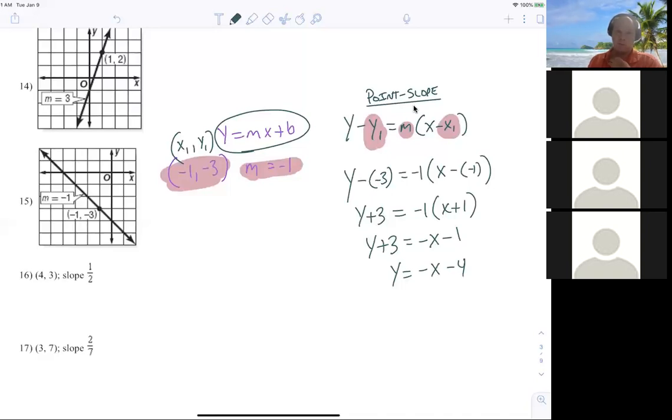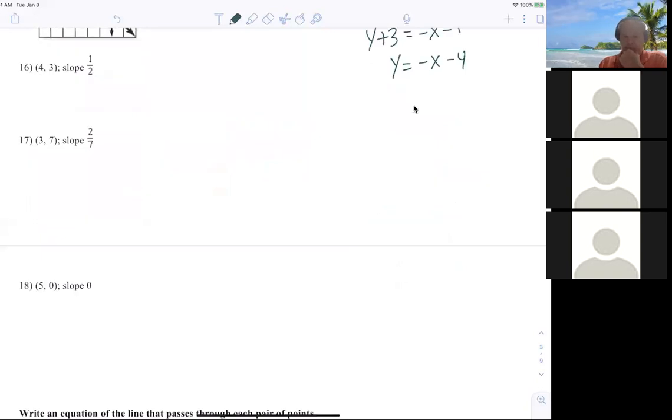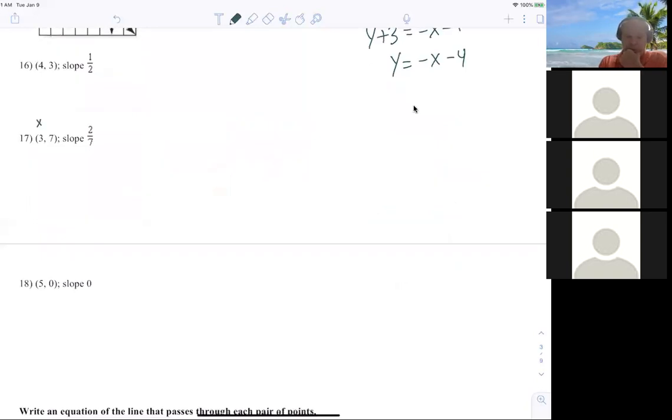Everybody good? All right, so let's look at number 17, okay? So again, this is x1 and y1, and this is your slope. So we can do y minus 7 equals 2/7 times x minus 3.